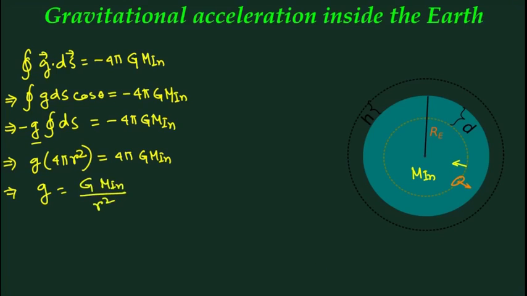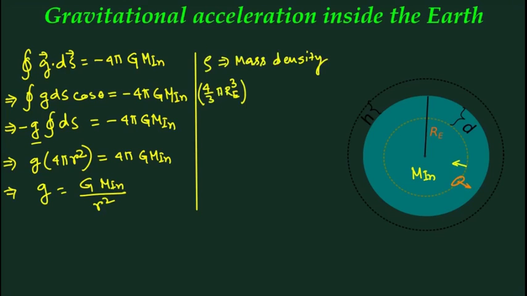Now in order to find m inside, let's assume rho is the mass density. So 4/3 pi RE cube times the mass density rho is equal to the mass of the earth.